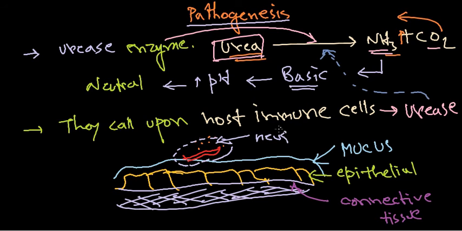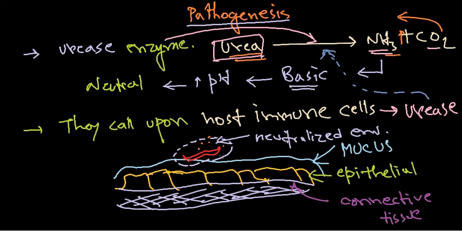So, neutralized environment. Now the bacteria can develop a micro-neutralized environment surrounding it. This environment enables them to survive for a longer period of time there. As they're surviving there, they can divide, multiply and grow.